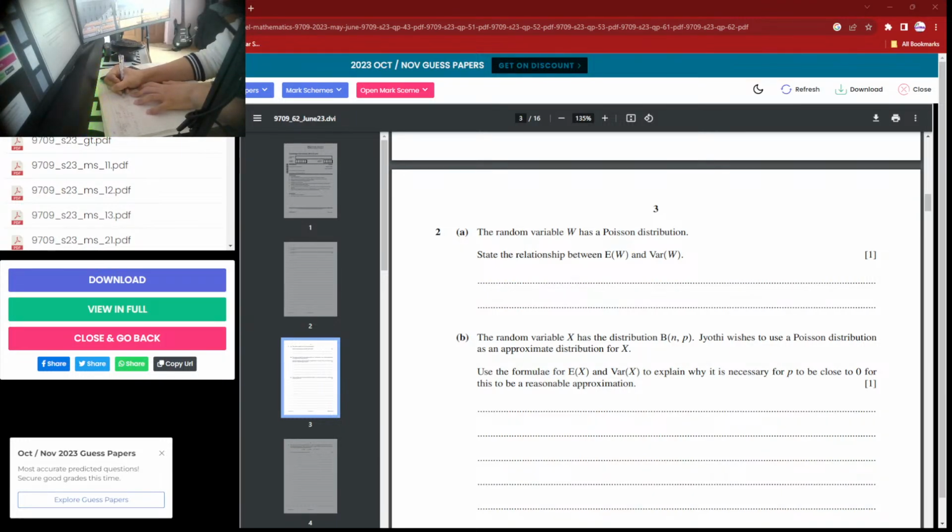So we'll just write p has to be close to 0 as, if p is close to 1, variance X will then be equal to E(X).